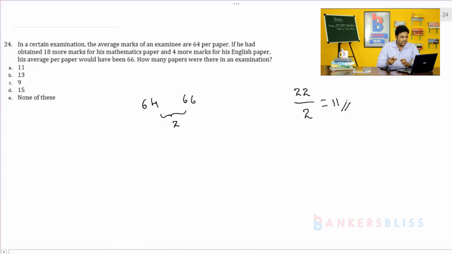If in mathematics he had obtained 18 more marks and in English 4 more marks, altogether 22 marks more, then the average increased from 64 to 66, meaning per subject 2 is increased. Total increase is 22. So 22 by 2 is equal to 11. So the total number of subjects is 11.